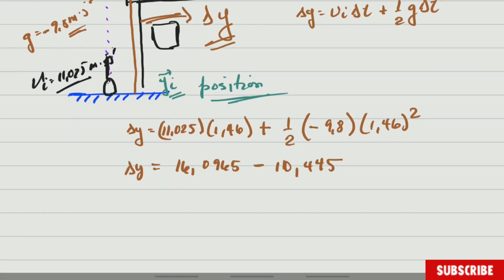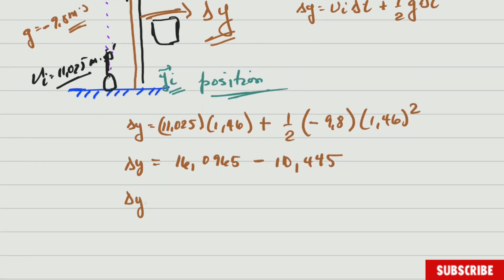Do we get that the displacement is the height of the building and is equal to 6,65 meters? That is the answer for this question.